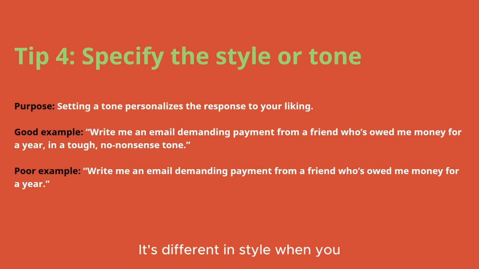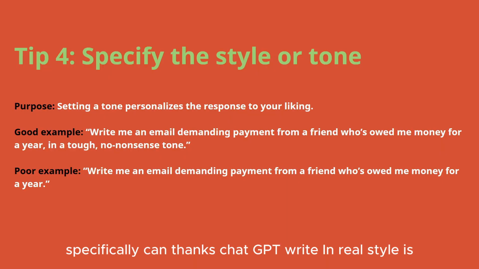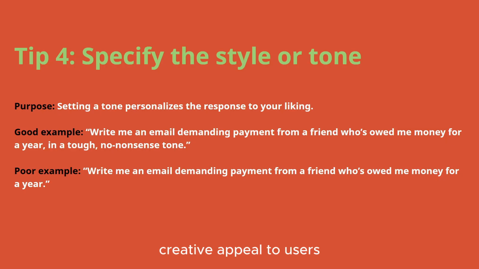It's different in style from when you're sending an email to a loved one. Or you can also ask ChatGPT to write a post on Facebook. Specifically, you can ask ChatGPT to write in a creative style that appeals to users. This is especially true of the very old style, which is very grammatical and used for serious purposes. More seriously, they are different styles.